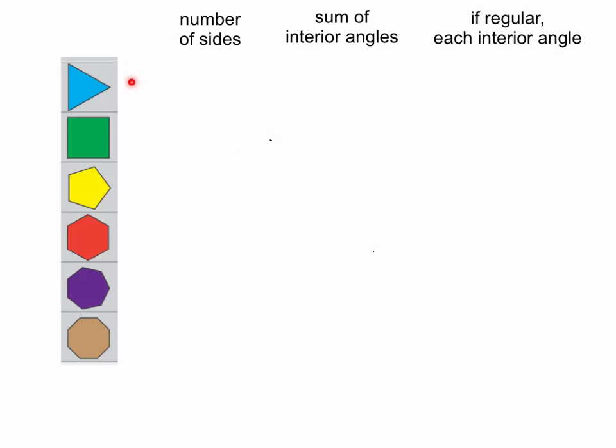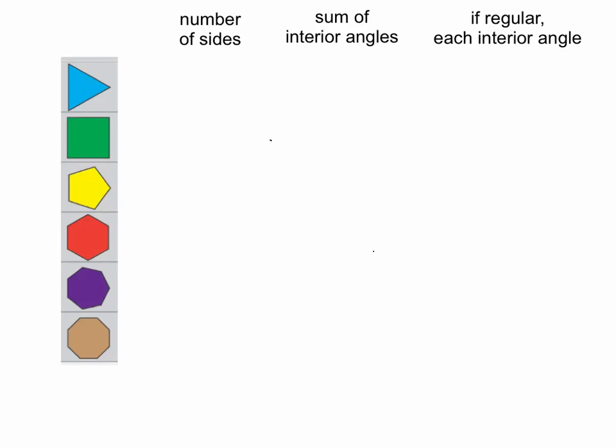Along the left-hand side here, we have pictures of different regular polygons. And they are regular because in any one shape, all the angles, for example, in this pentagon, are congruent, and all the sides are also congruent. And that's what the word regular means in reference to polygons.